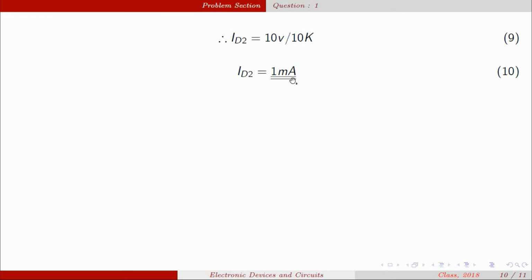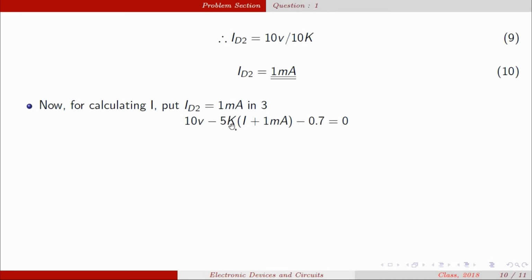Now put this value of ID2 in either of the two equations we got first, and we will get the value of I. We put 1 milliampere in equation 3. We get 10 volt minus 5k into (I plus 1 milliampere) minus 0.7 equal to 0. 10 minus 0.7 is 9.3, minus 5k into I minus 5k into 1 milliampere, which is 5 volt, equal to 0.